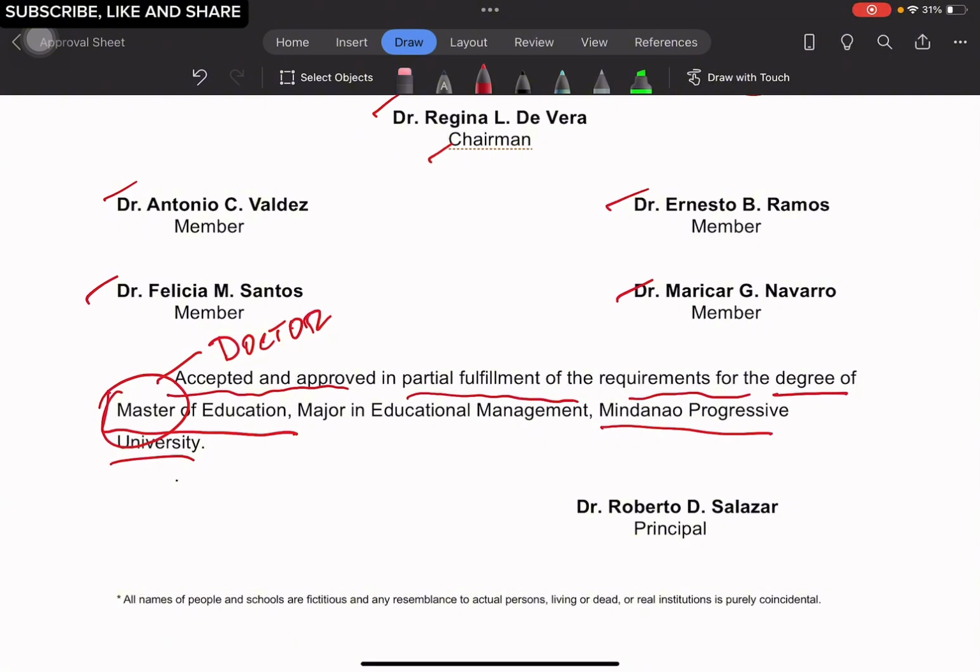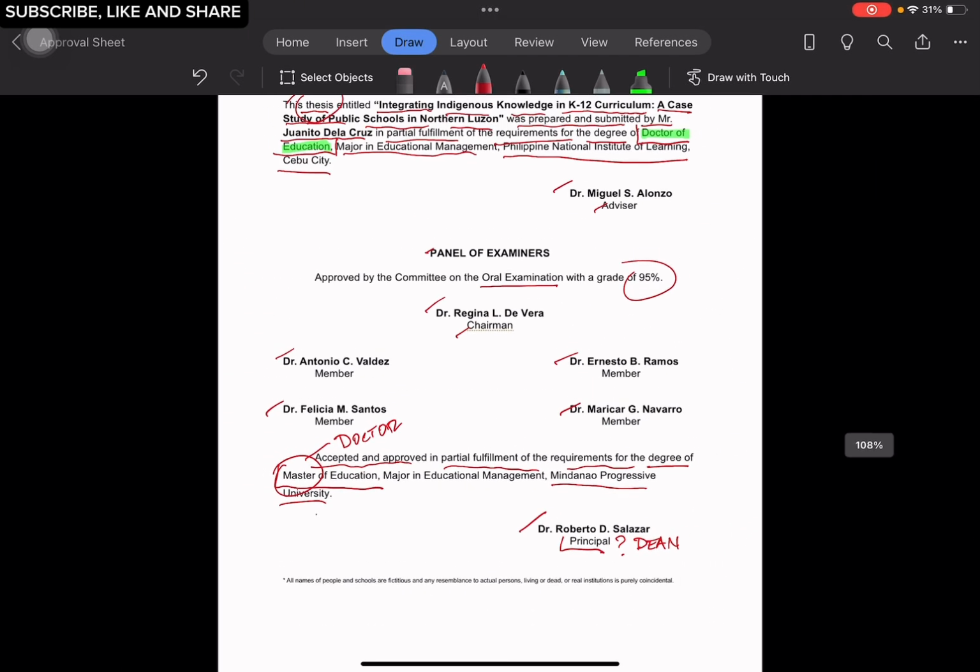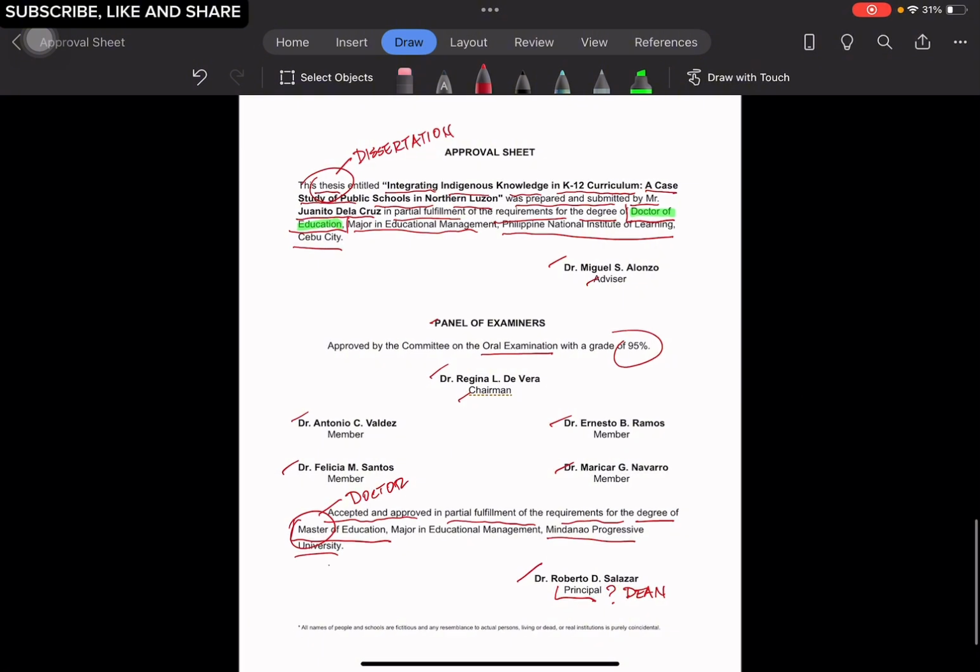And then the full name of the, is this correct? Since the researcher is taking up his doctorate degree, this should be the dean, instead of the principal. So those are the errors that we have identified so far on this particular approval sheet.